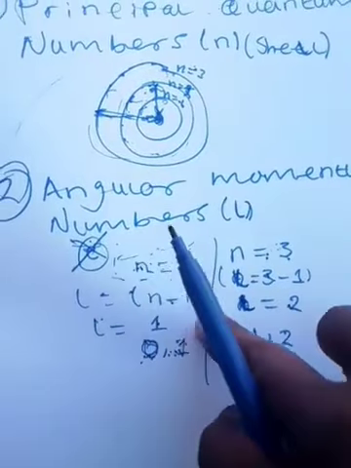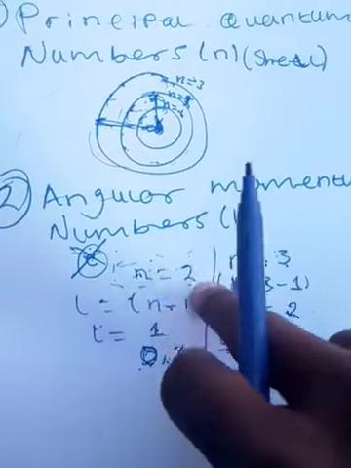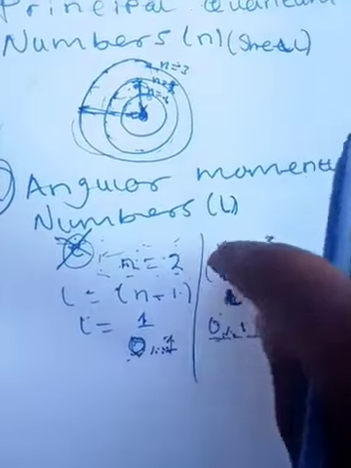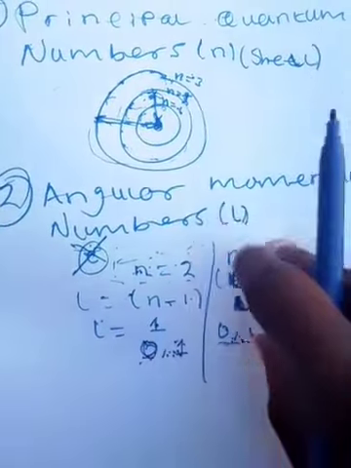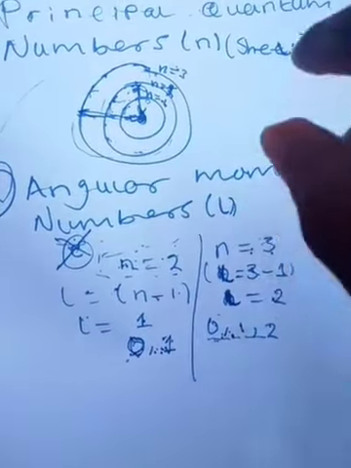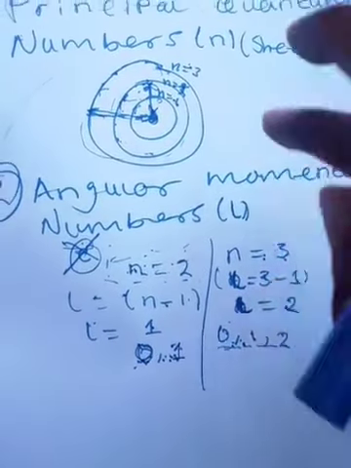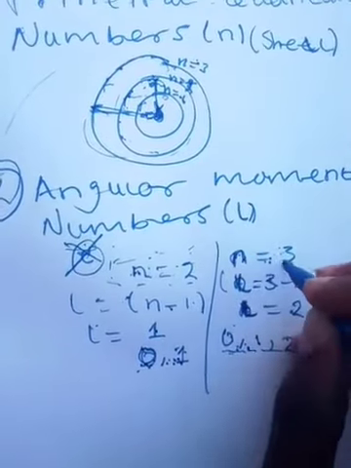This is a pattern that is followed. Let's say after you subtract 1, you get any number. Start from 0 and count till you reach that number, then that is the number representing the last subshell in that shell, which is represented by n, in this case 3, in this case 2.